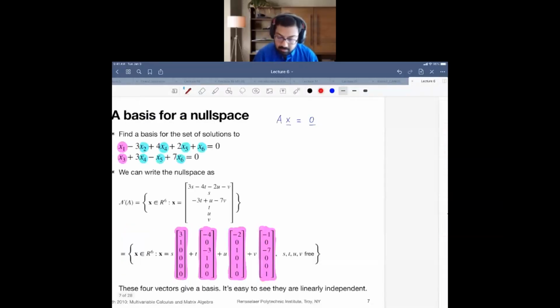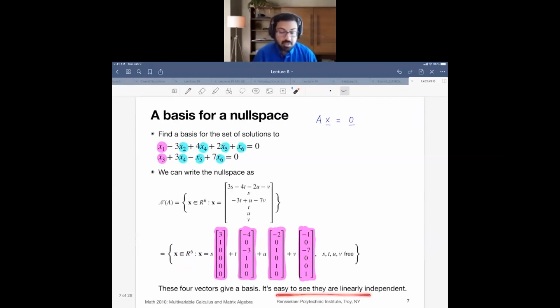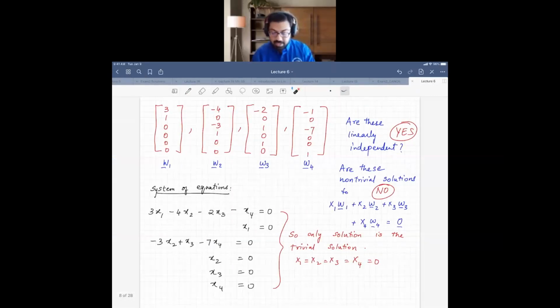So we said that it is a basis, so it had to be linearly independent vectors, and we proved that it is linearly independent vectors. Questions about this example?